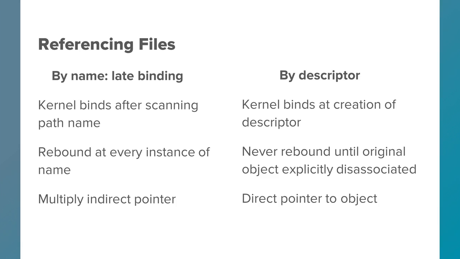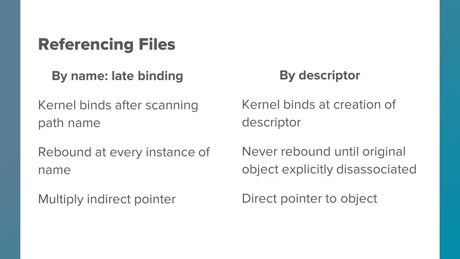The second way is by a descriptor, sometimes called a file handle. It's the same sort of thing. When you create that descriptor with an open, for example, or some other call, the kernel does the resolution and pulls the information of the inode directly into kernel memory.